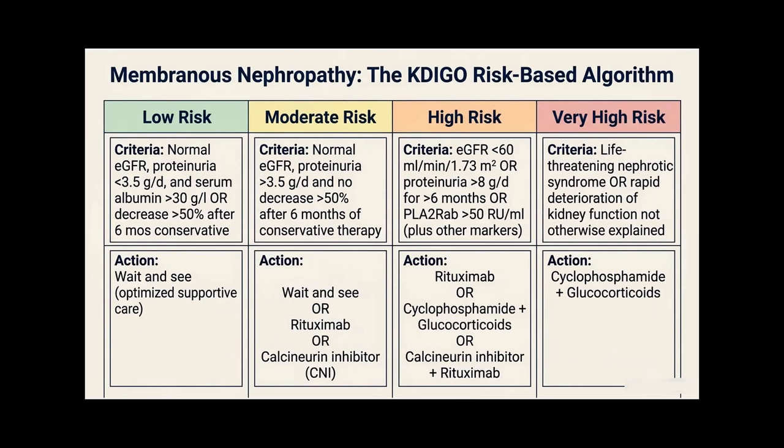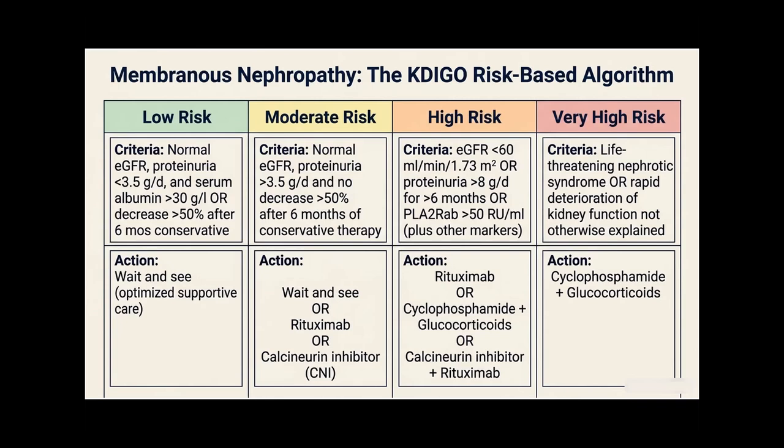And in moderate-risk people, normal eGFR, proteinuria more than 3.5, no decrease in proteinuria over 50% after 6 months of conservative therapy, here rituximab or calcineurin inhibitors can be tried. Whereas in the high-risk patient, eGFR is already reduced, less than 60, the proteinuria is more, PLA2 receptor antibodies are present, other markers are present.